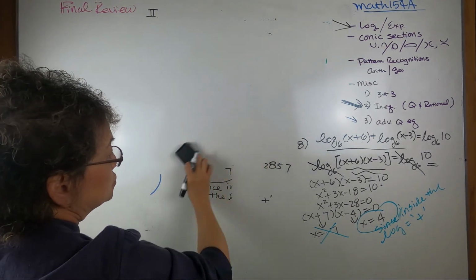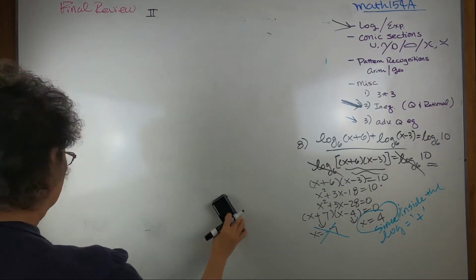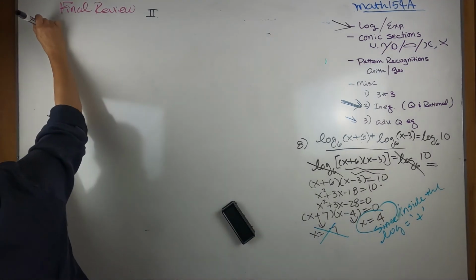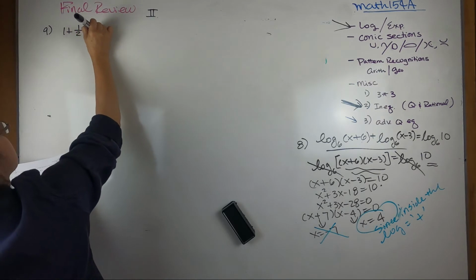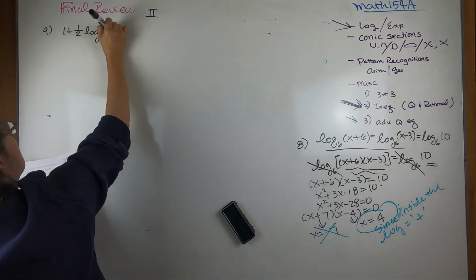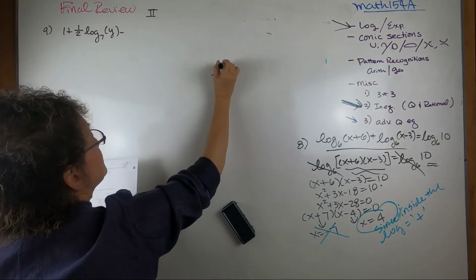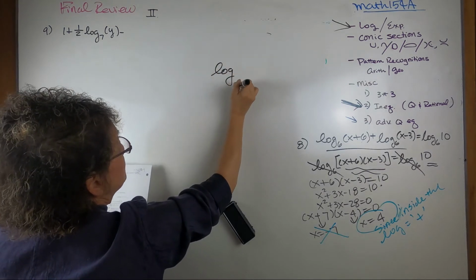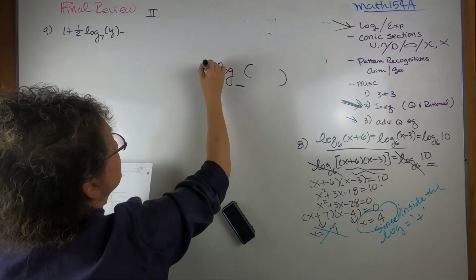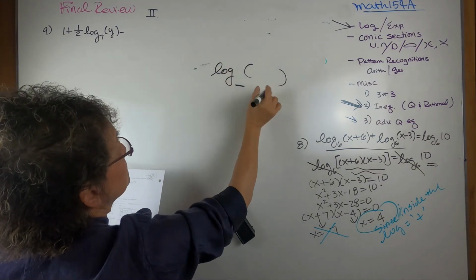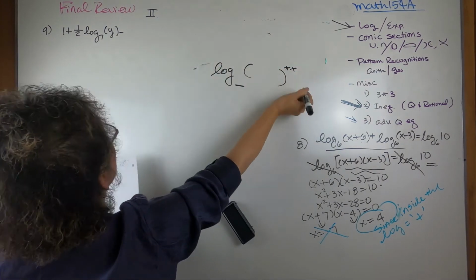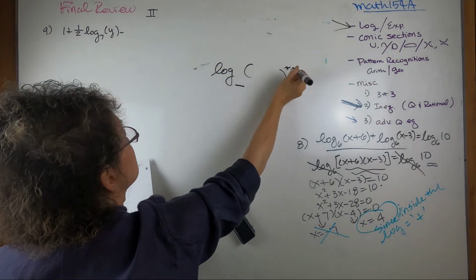So we want you to practice combining into a single log as well, right? Combining into a single log means what? Just a log with a base and something inside. Nothing outside, okay? Everything is inside, maybe with some powers.